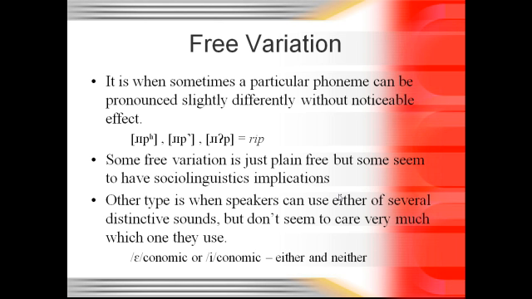For instance, some people say economic, some people say economic, and it is totally fine. Some people say either, some say either; some say neither, some say neither; some say student, some say student; some say new, some say new. And that is free variation, as the word itself says.